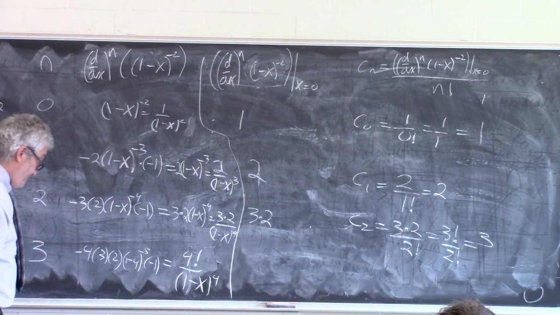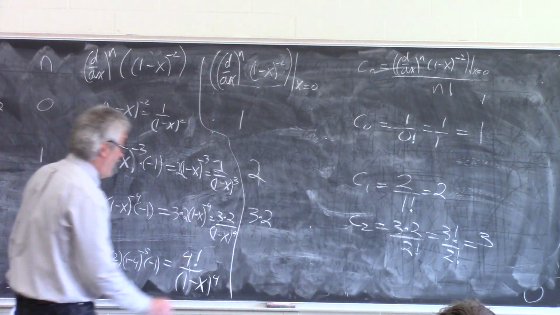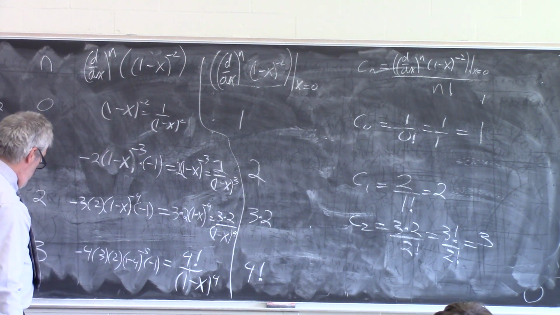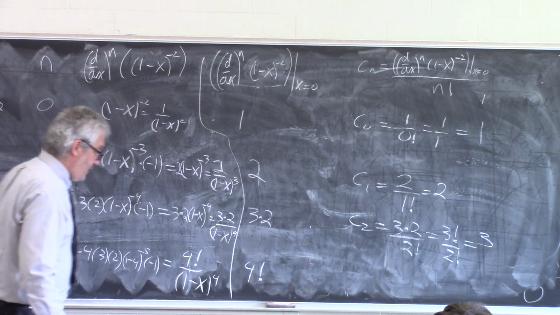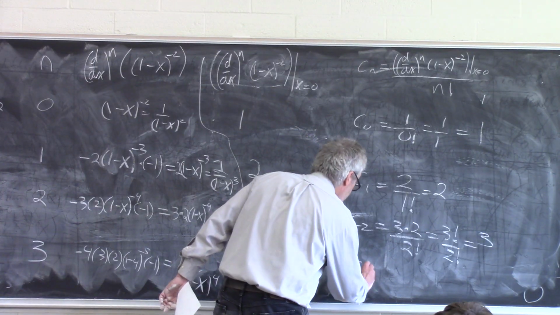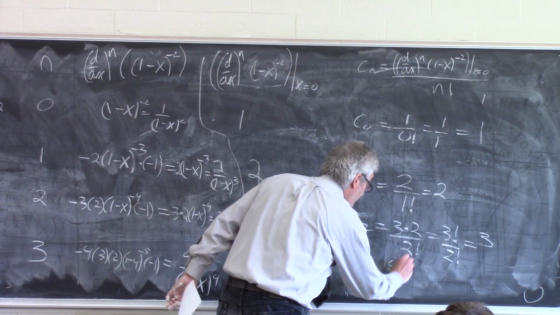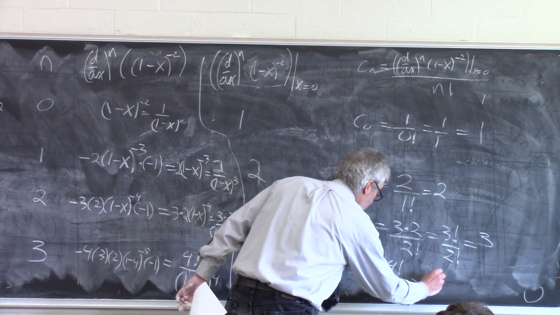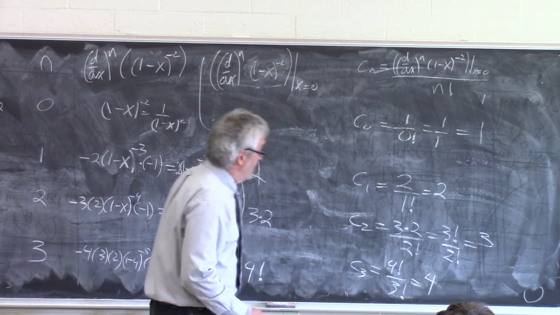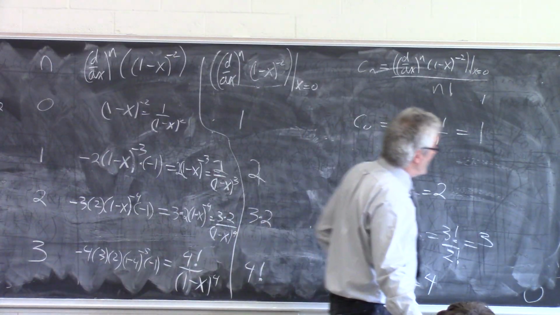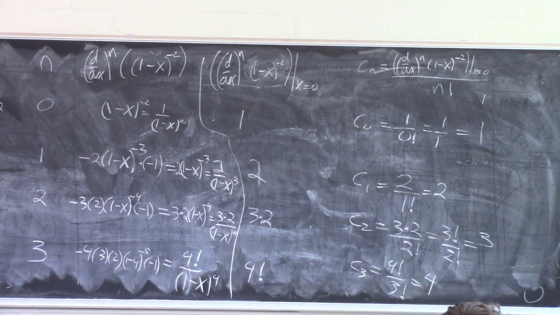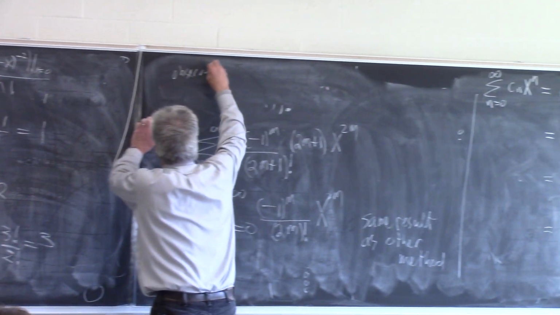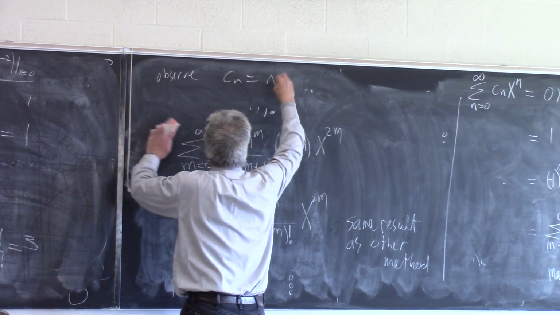When I plug in x equals 0, I get just 4 factorial. So C3 then is going to be that number, 4 factorial, divided by 3 factorial. So it's just the number 4. So we get the idea that the nth coefficient is just n plus 1.